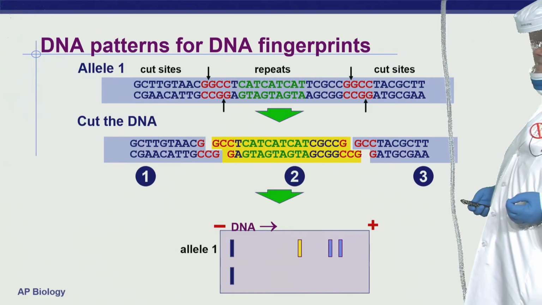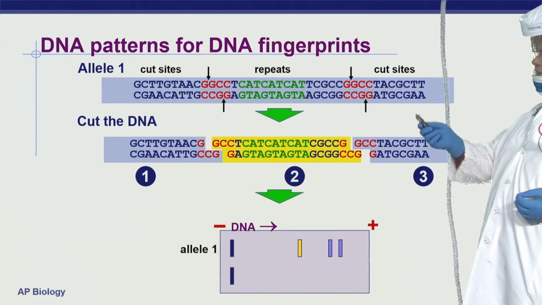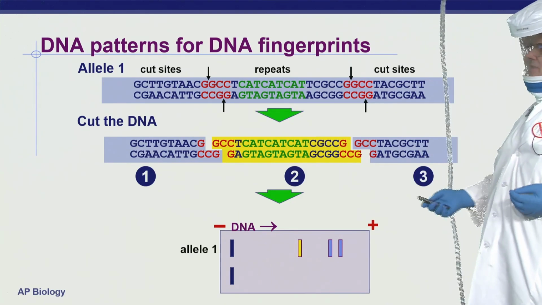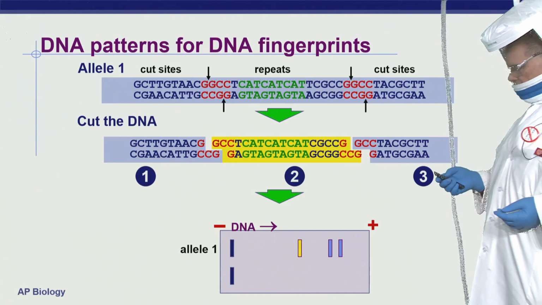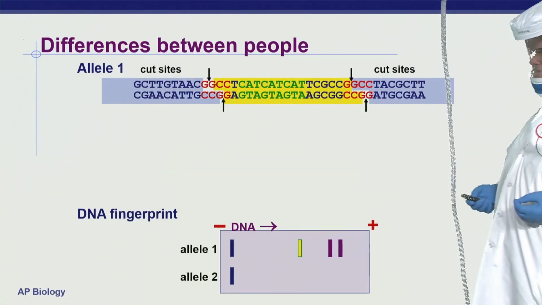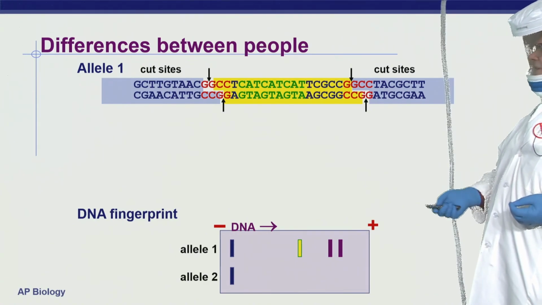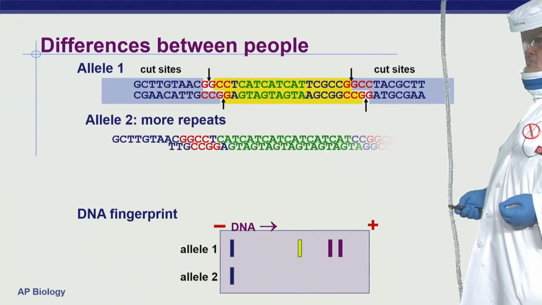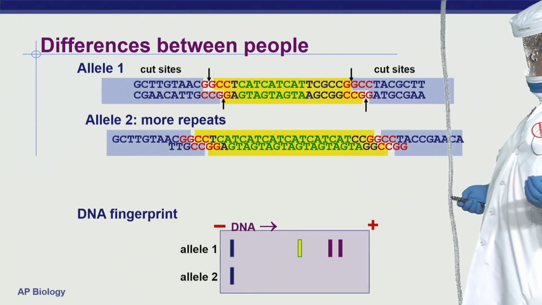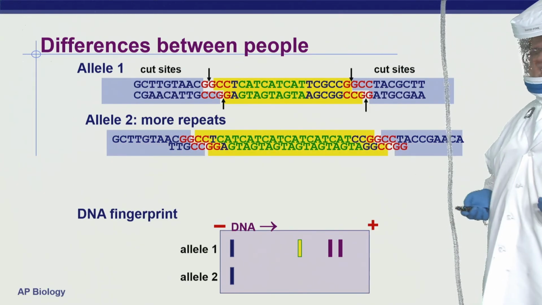Okay, I don't know why it didn't show the second allele. But you can see how the different lengths come out at different places in the gel. Now we're going to do the second one. More repeats is going to make a longer piece of DNA.